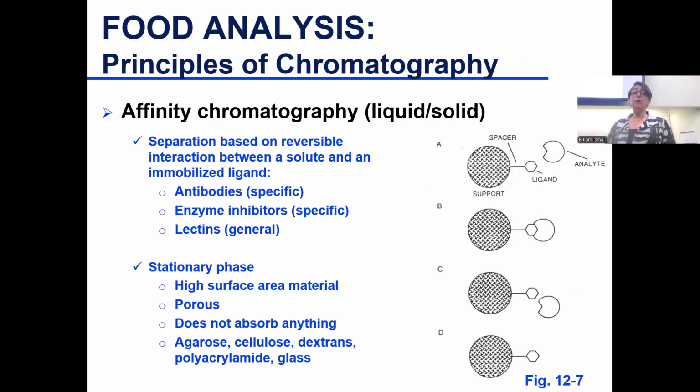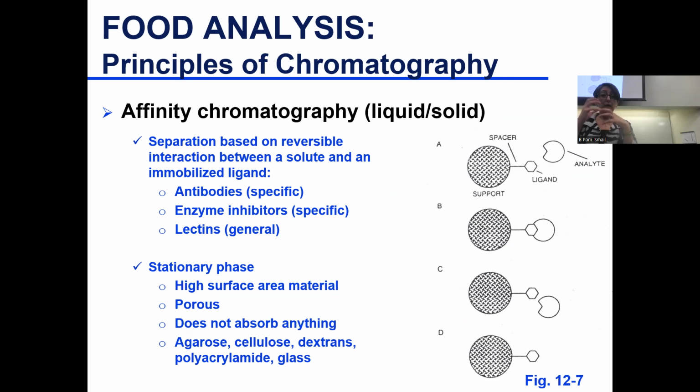Now, affinity chromatography. So we have a solid stationary phase, so this is a form of adsorption chromatography. Here, the interactions are general interactions and specific interactions. It's like enzyme and substrate interaction, lock and key.